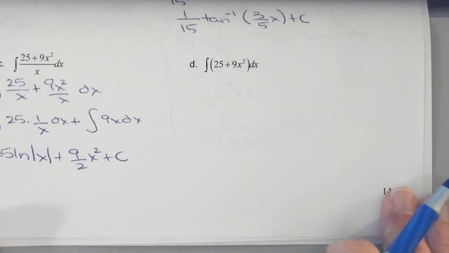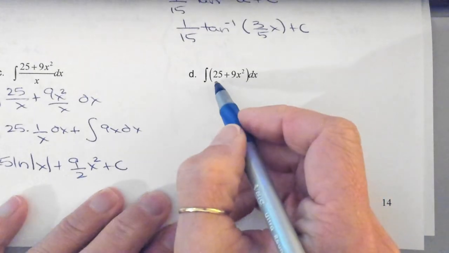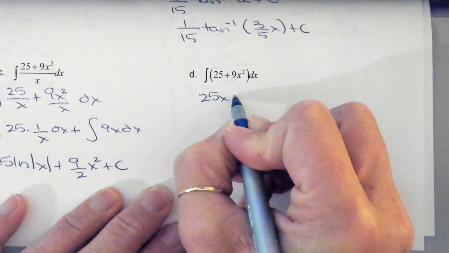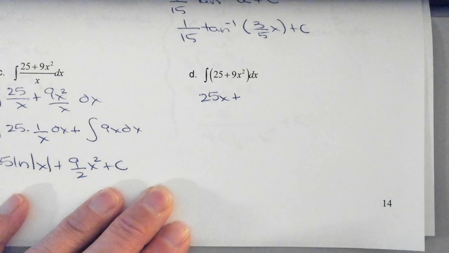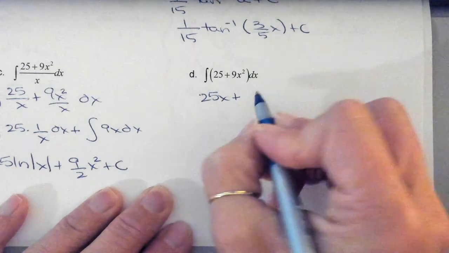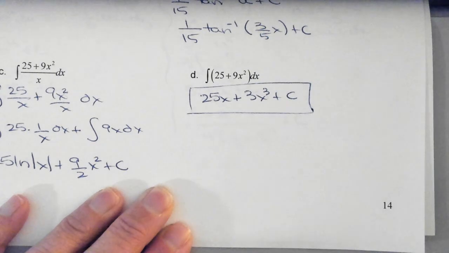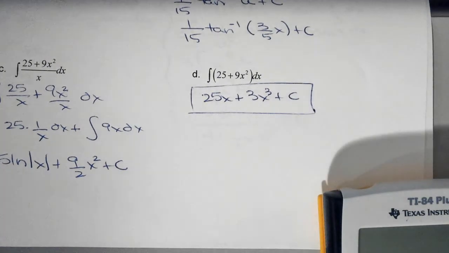So what is the integral of 25? 25x plus, what is the integral of 9x squared? 3x cubed, and don't forget your plus c. So do you see how I said I went all the way to the easiest one? Questions?